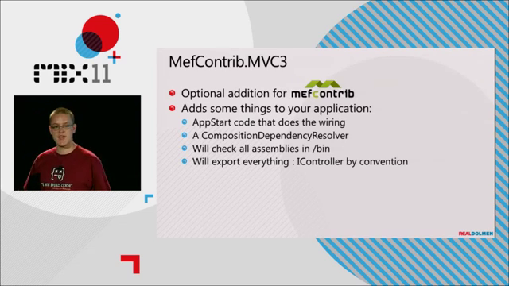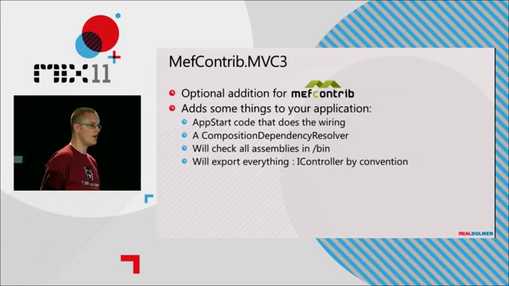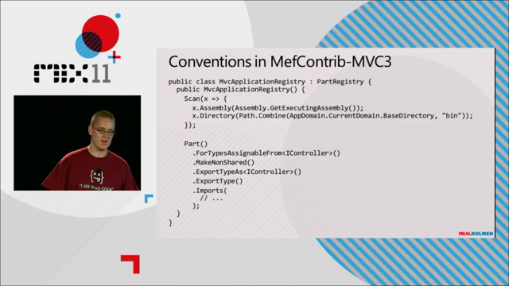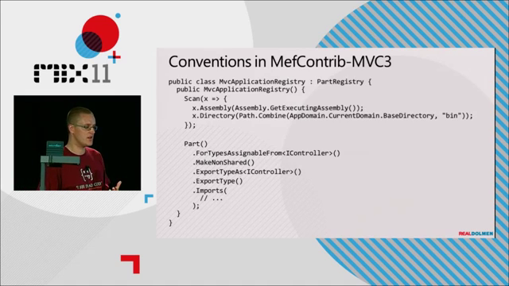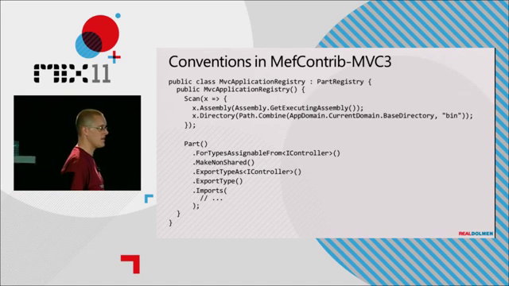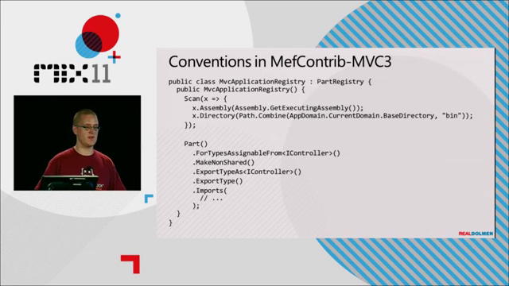It also will export everything implementing IController by default and by convention. So you don't have to worry about putting an export attribute on top of that. So just wanted to show you, this is the MVC application registry, which is basically the convention model I'm providing in MEF Contrib. Something similar to this will also ship with MEF2. There's previews of that one.